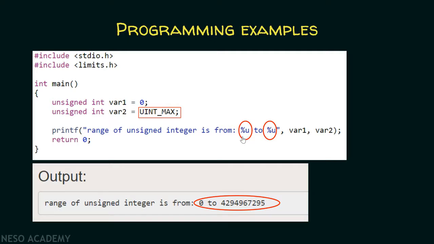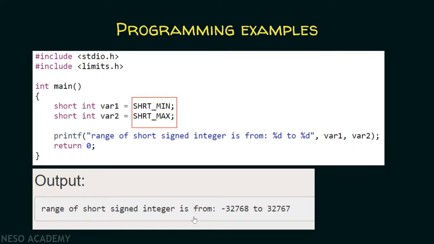Now as we can see, the output is range of unsigned integer is from 0 to 4294967295. As for the 4 byte or 32 bits unsigned integer, maximum value is 2 raised to the power 32 minus 1, which is 4294967295. In the third example, we want to print the range of short signed integer.